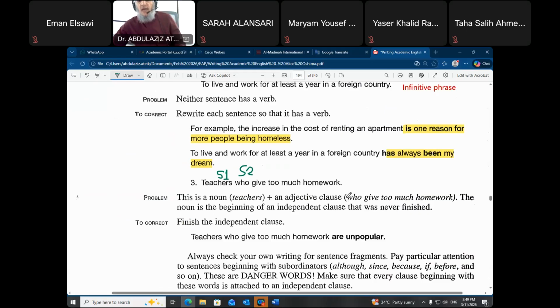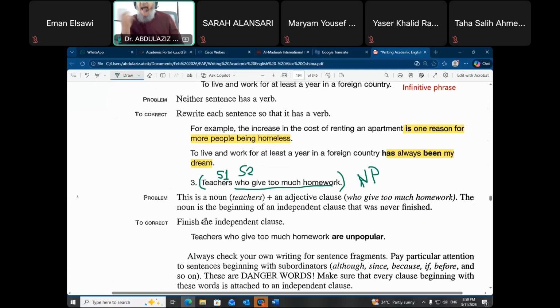So we have to add some more. By the way, all this is a noun phrase. But this one, who gave too much work, is an adjective clause. We'll study this later.